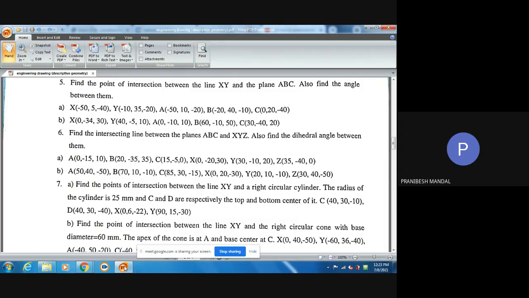You do not know the intersecting line. You do not know the dihedral angle. What to do in this case? If those are ABC and ABD, you could have managed, since you know that AB is the common line. But if those are ABC and XYZ, how can you manage? Yes, sir. Got your point.